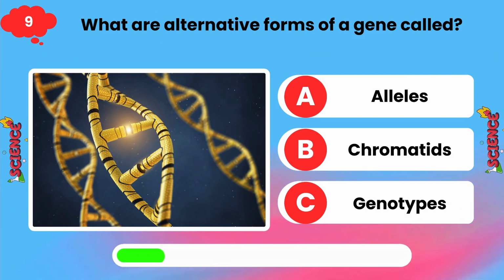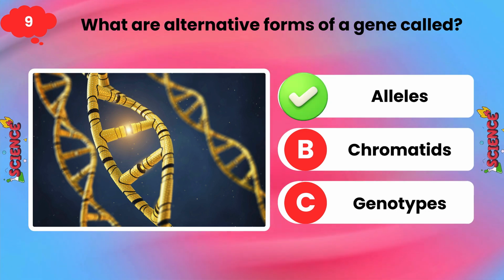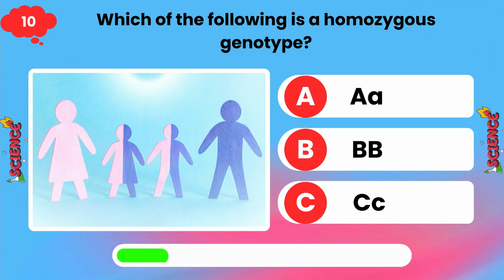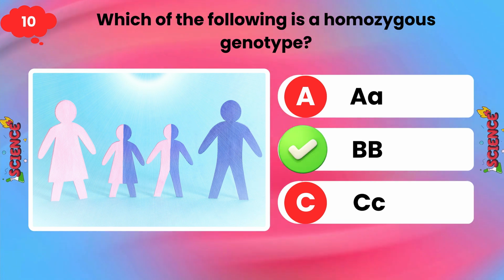What are alternative forms of a gene called? Allele. Which of the following is a homozygous genotype? BB.